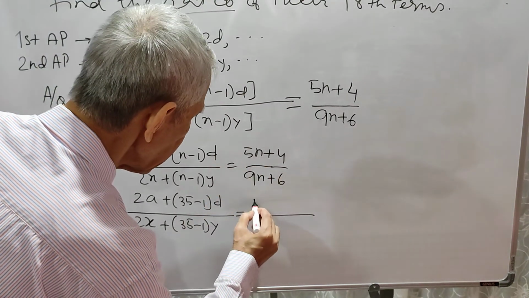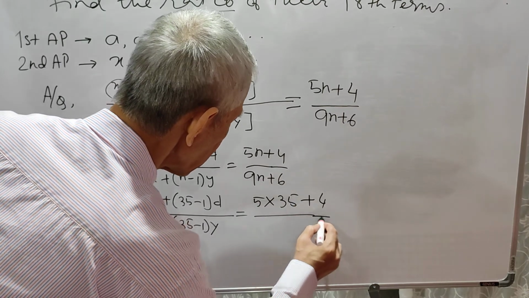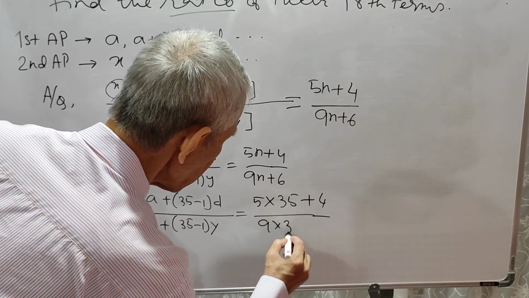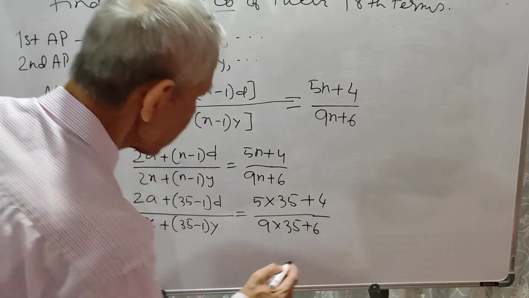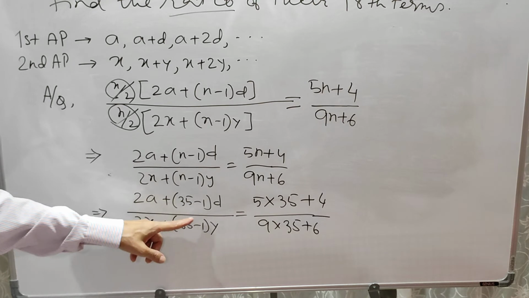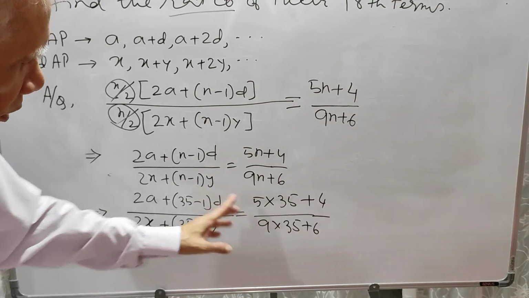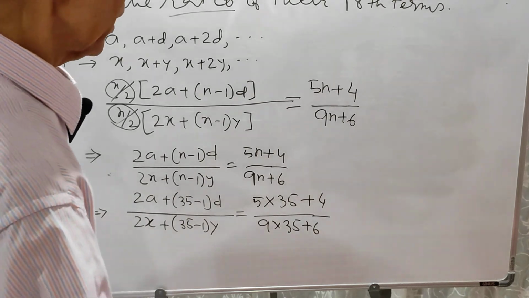So n equal to 35, 5 into 35 plus 4 by 9 into 35 plus 6. We are putting 35 on both sides, right?